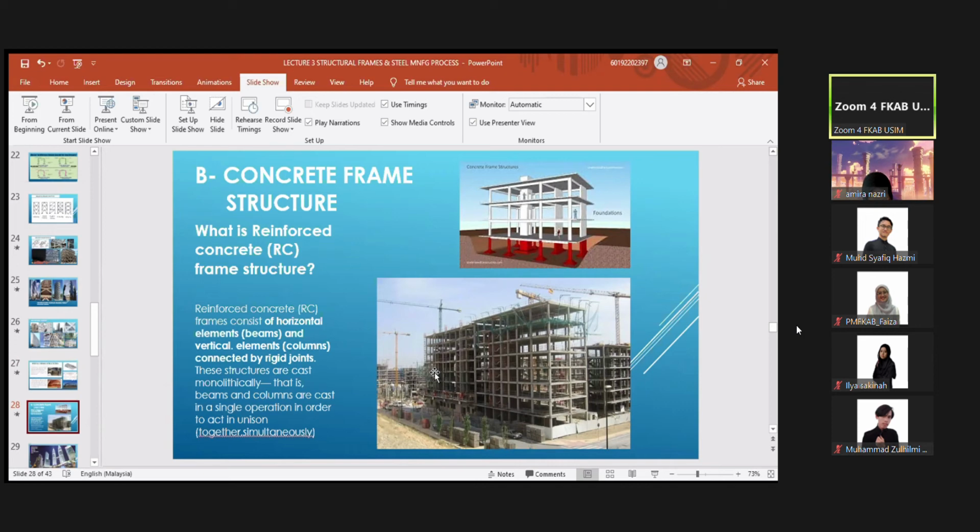You cast the ground floor beam. The beam is joining column to column. For example, you take the ground floor, this is the foundation. You cast the beam first.